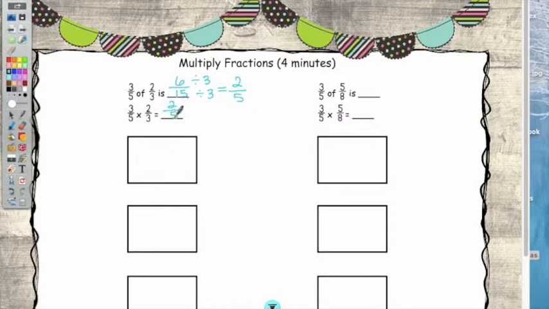Okay, the next one's similar. You're going to multiply it, then you have to simplify it. I'm not going to help you simplify it. Let's see if you can do it on your own. You can't divide them both by 2. You can't divide them both by 3. Just keep going. See if you can figure out what you can divide them by.